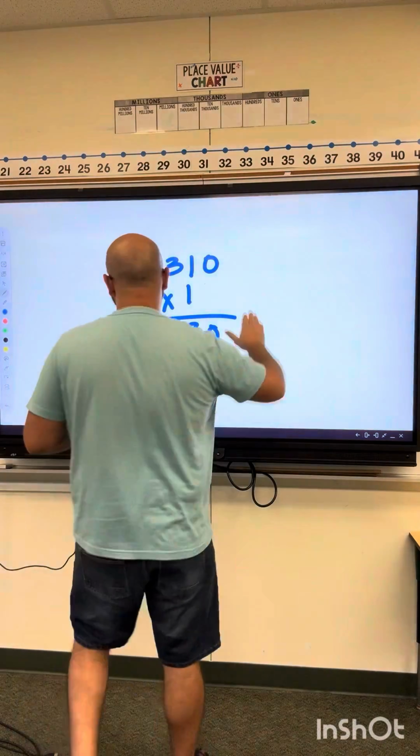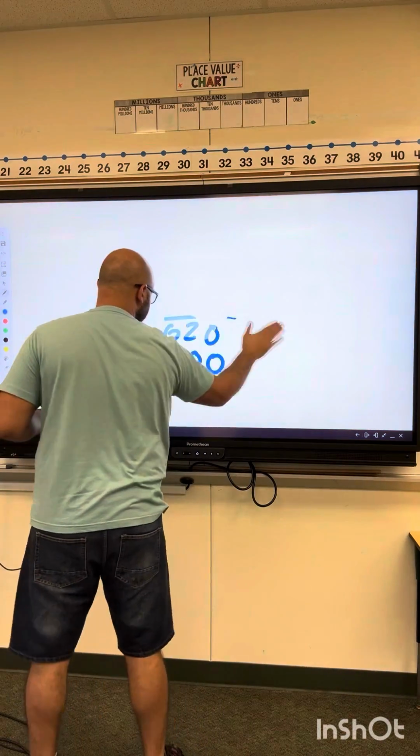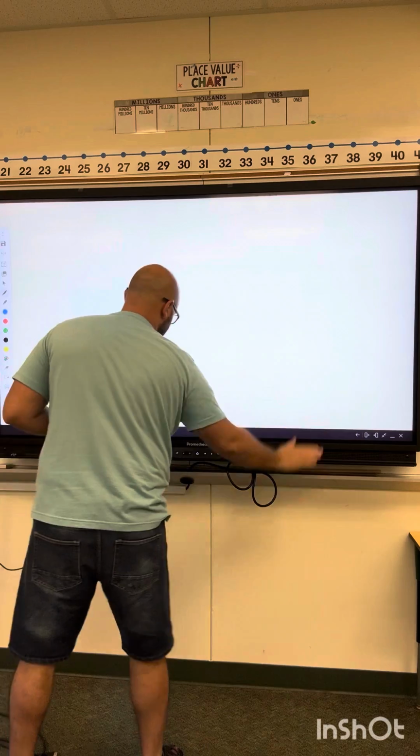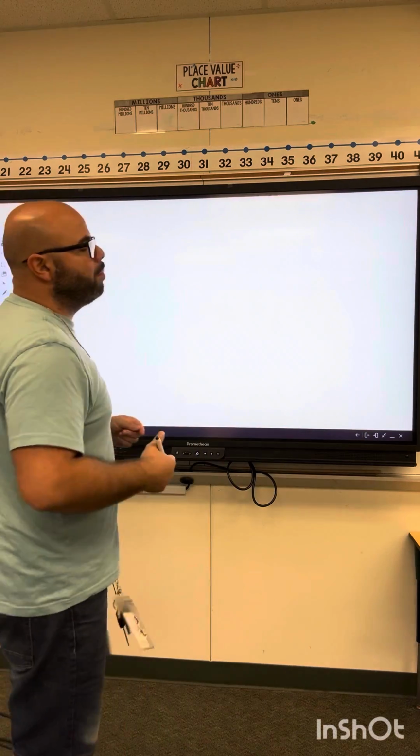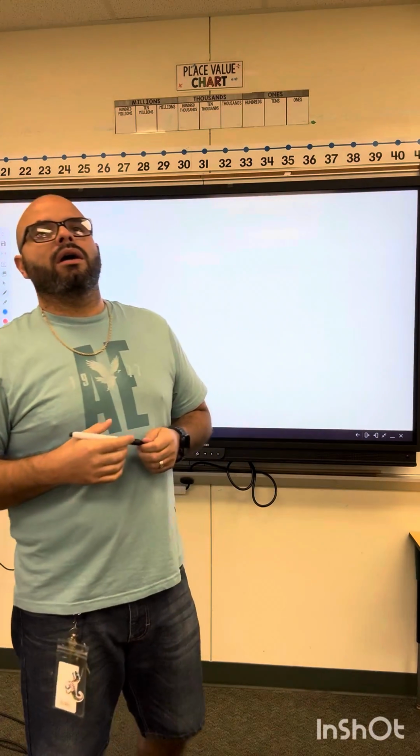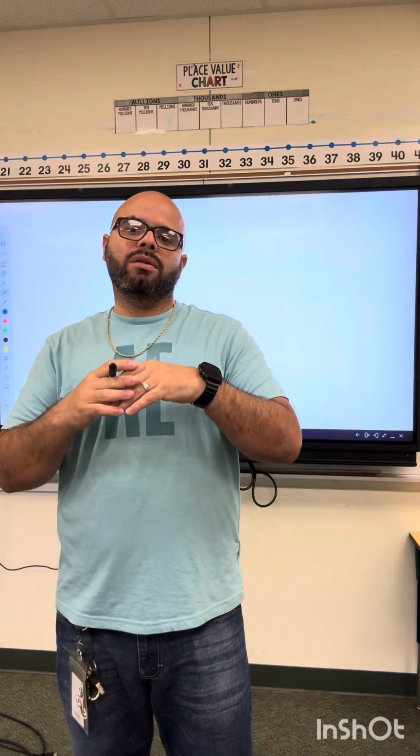Using place values, a lot of the teachers like to write their place values with that value's name, or that number's value, but in word form.